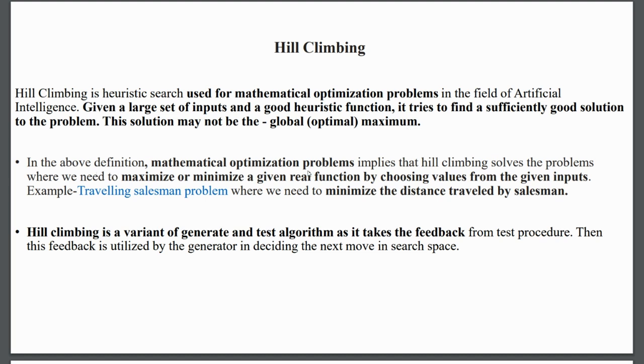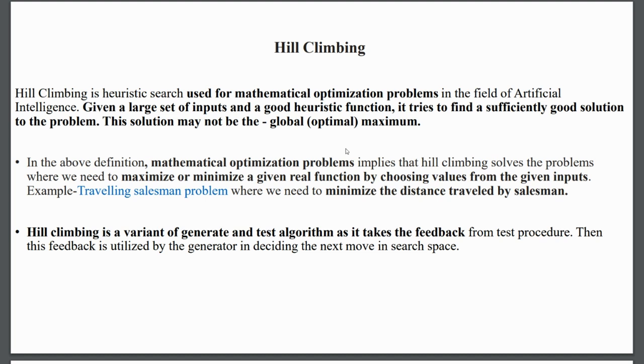Mathematical optimization problems imply that hill climbing solves problems where we need to maximize or minimize a given real function by choosing values from the given inputs. Example: the traveling salesman problem, as we saw in the basics of operational research, where we need to minimize the distance traveled by the salesman, who has to visit all the cities.